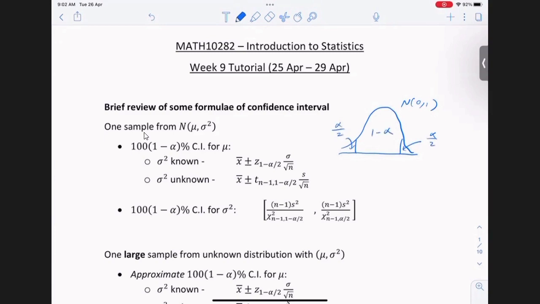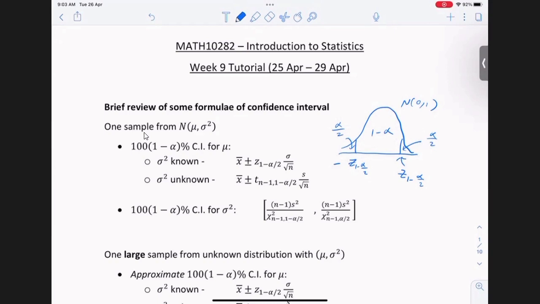When we partition it into three parts, with the area on the left-hand side of this point equal to alpha over 2, on the right-hand side of this point equal to alpha over 2, the coverage in between becomes 1 minus alpha. This number is the quantile, Z 1 minus alpha over 2, and this is minus Z 1 minus alpha over 2. This is the notation of the meaning of this quantile. It can be computed using R, or you can directly look it up from the standard normal distribution table.